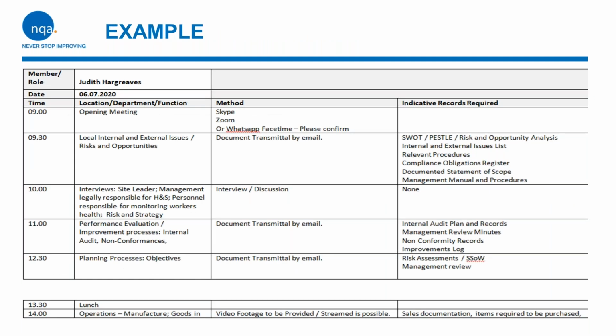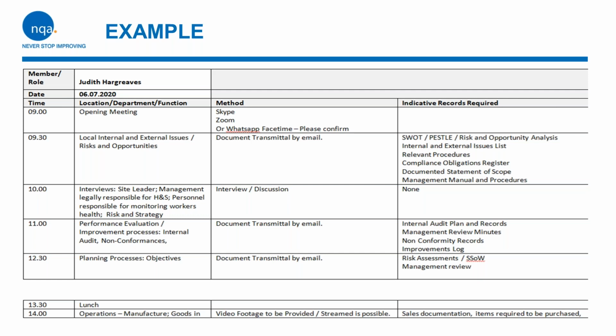Just a quick example on your screen then. Like I say, you'll get copies of all this, but this is an illustration of the format of plan that we issue to clients now. One of my colleagues, Judith, I used one of hers as an example. Fundamentally we're taking the same approach in terms of timings, location and department, but you can see that we've added the method we're potentially looking at using, and also the indicative records that are required.